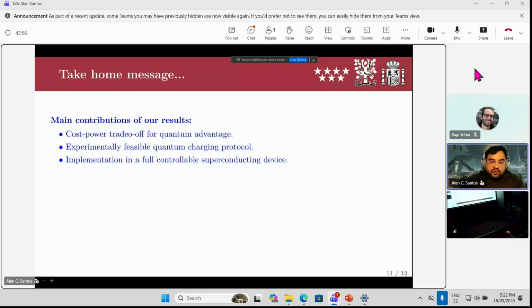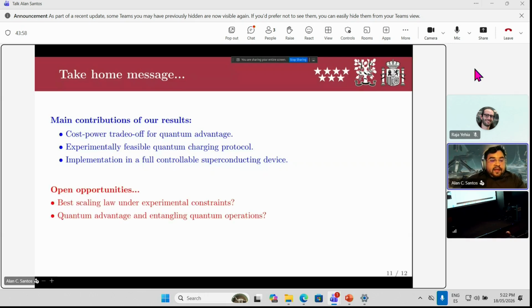Okay, so of course, as open questions, we always have to check what happens in the thermodynamic limit, and check what the best scalings are if we always impose these experimental constraints.